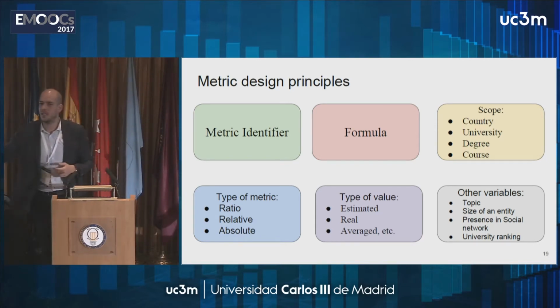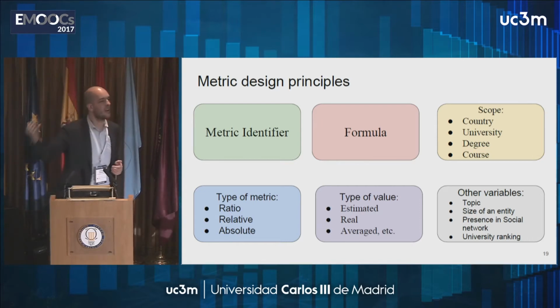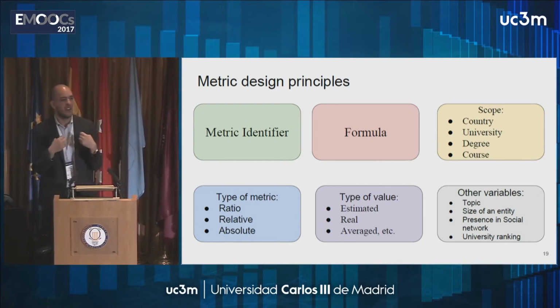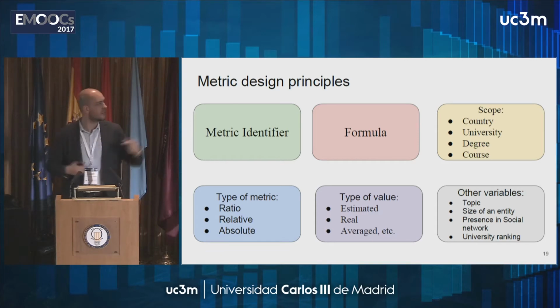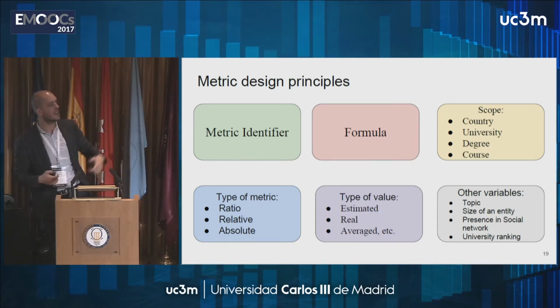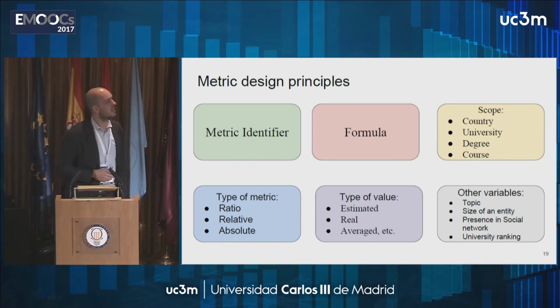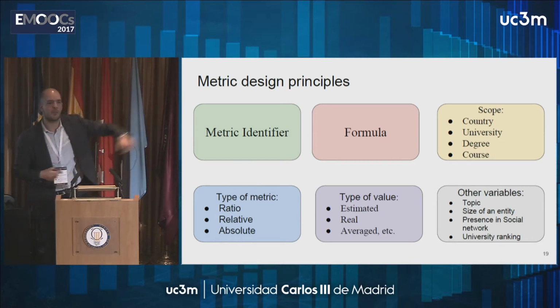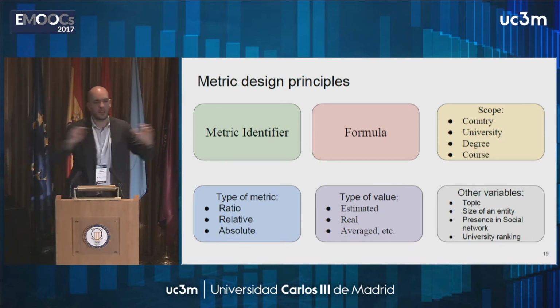We can have estimated values, range values, average values, and even more dimensions, like the topic, the size of the entity in which we are measuring something, other university rankings, the presence in social networks. We can measure something taking a lot of dimensions.